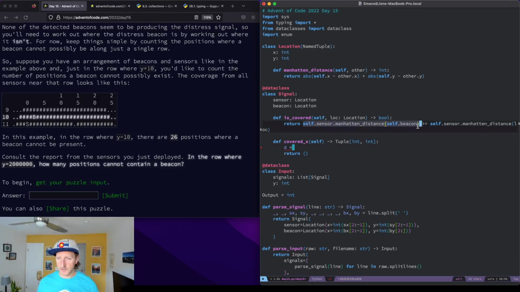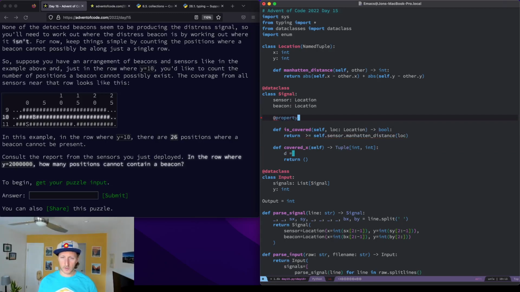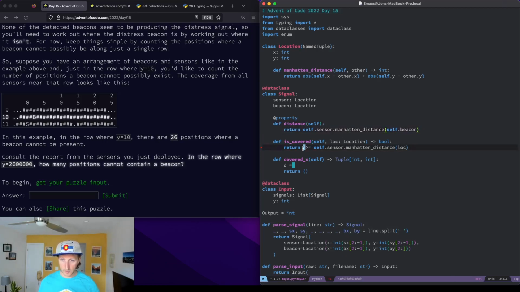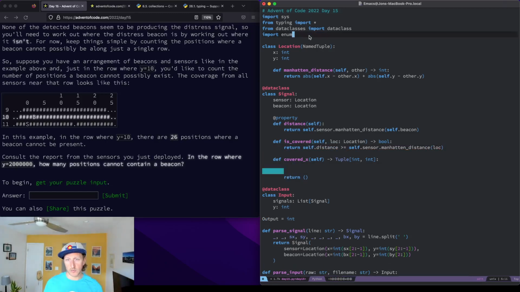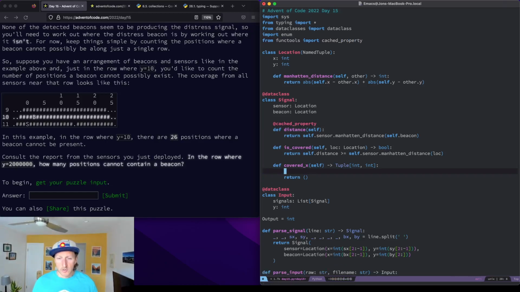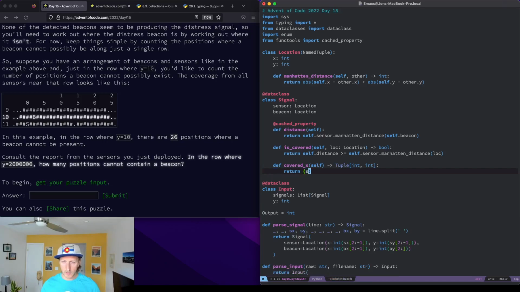So we get this Manhattan distance, and so the covered x is sensor.x minus self.distance, sensor.x plus self.distance.